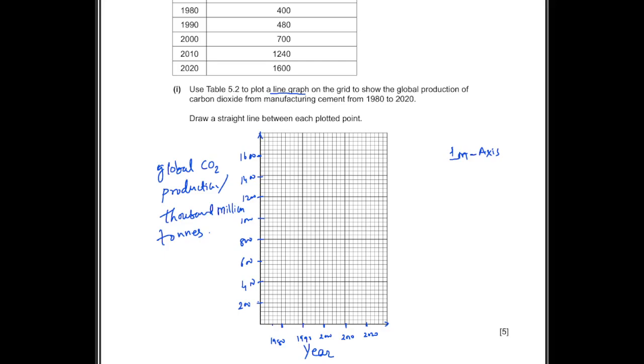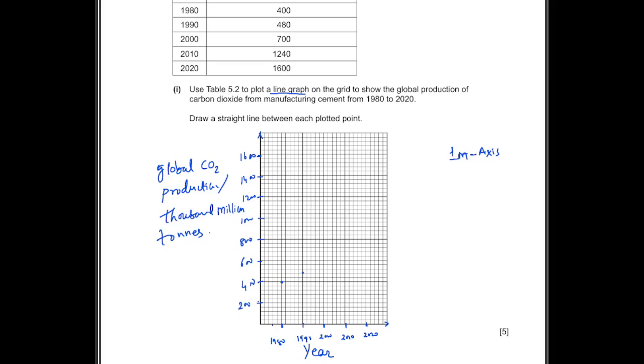And 1980, it is 400. That means my unit should be here, so we'll put one dot. Next unit is 1990 on 480. That means it should be near approximately here. So this is one dot, this is one.